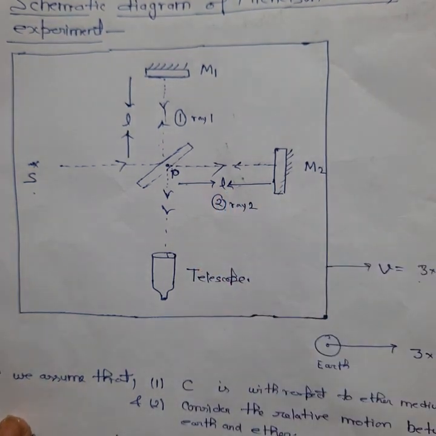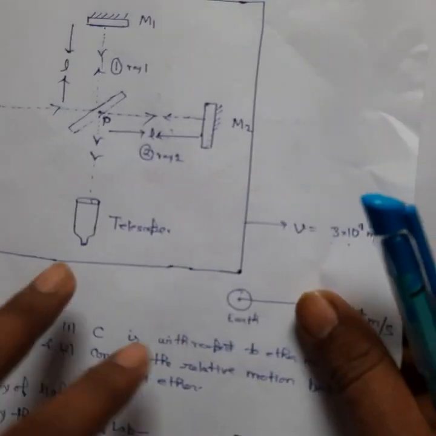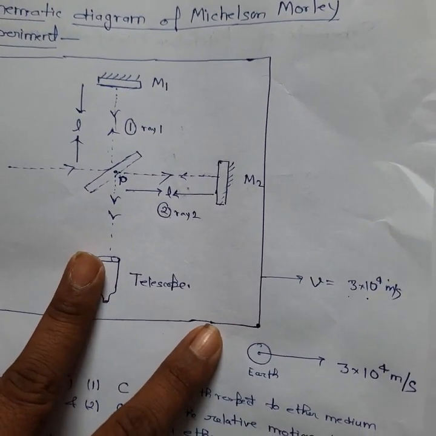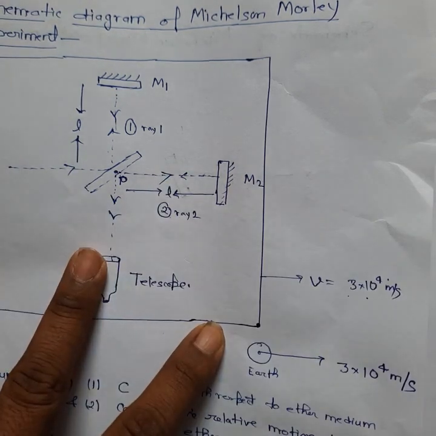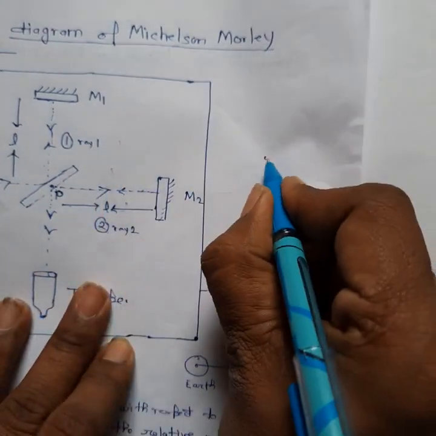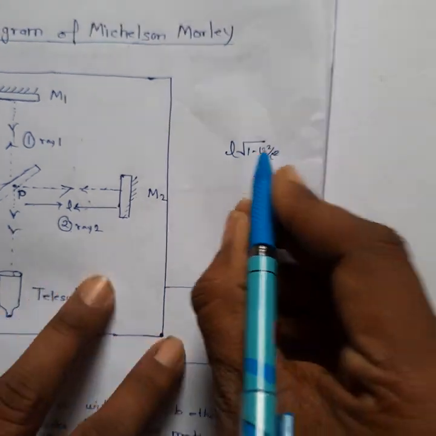If we consider the Lorentz length contraction hypothesis, then for the observer in the S frame of reference the length will appear as L root of 1 minus V square by C square.